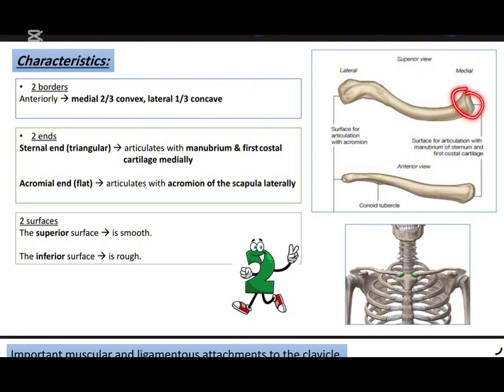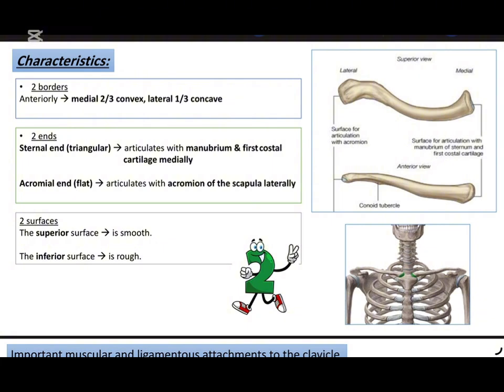According to the end, we call it either according to its attachment, or according to its location, or according to its shape. So, here, this is the medial side, so I can call this end the medial end. When you go to the lab, you realize that the medial end is a triangular end. So it is triangular in shape. It is located medially, and since it is attached to the sternum, I call it the sternal end.